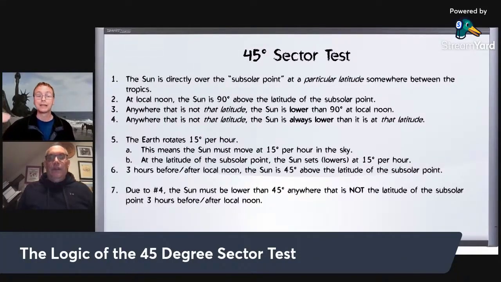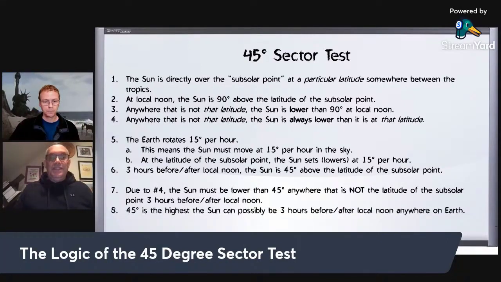And so it must be 45 or lower. You can be at 45 degrees and you're fine, but that's the limit. 45 is the absolute limit for anywhere on the Earth, right? You're saying the farther away from the subsolar point, the less you're expecting that to be. Exactly. And that's just the distance. Distance is also going to work against that.